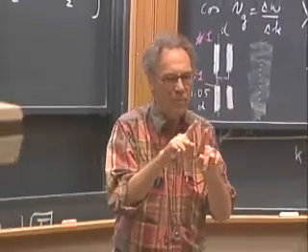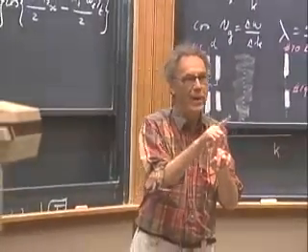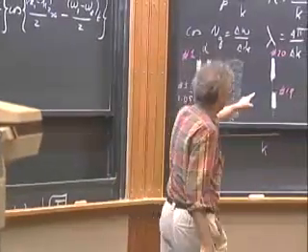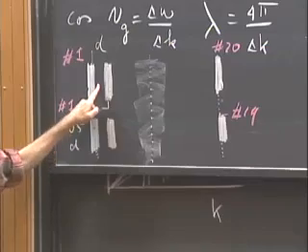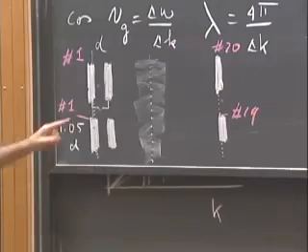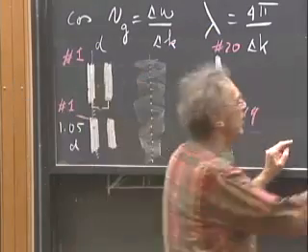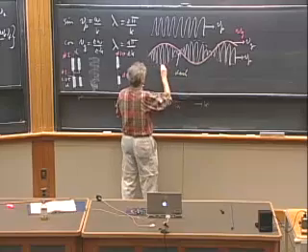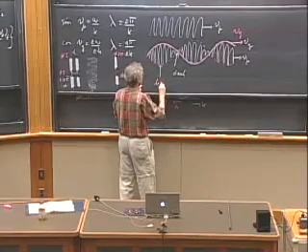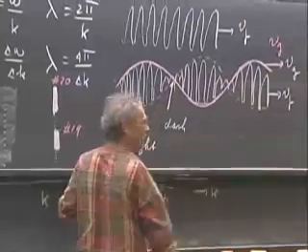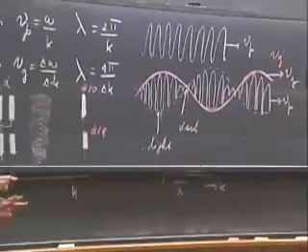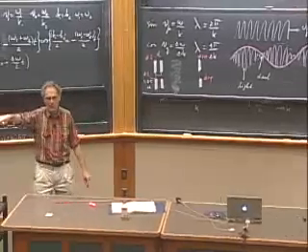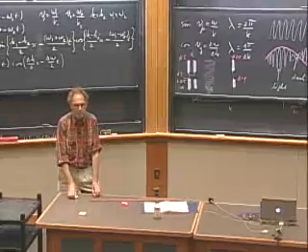Black will be on top of light, and light will be on top of black. Here, however, it's back to what it was here. So you're beginning to see this kind of pattern. Think of this, for now, as being dark, and this as being light. This kind of pattern is what you're going to see if I put the two transparencies on top of each other, as I will do very shortly.